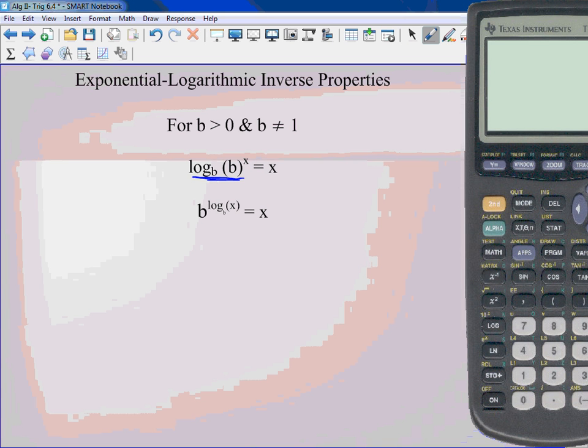Rewrite this: x times log base b of b. B to the what is b? First. So it's x times 1, which is x to the first, x.